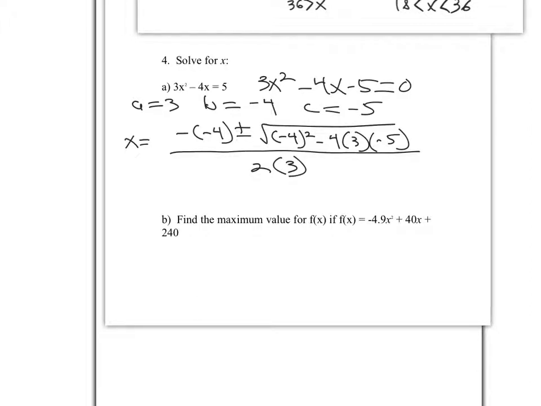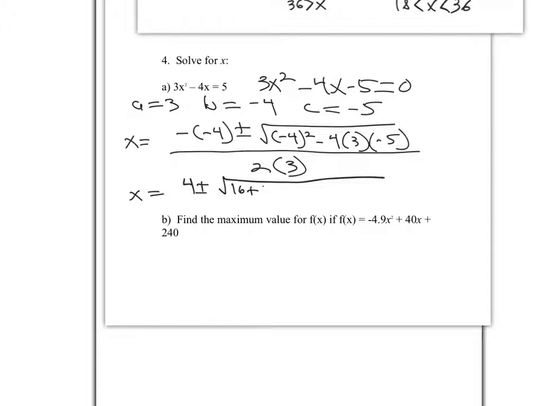Okay, so when we simplify, we're going to get x is equal to 4 plus or minus the square root of 16 minus 4 times 3 times -5. So we have 4 times 3 is 12 times -5 is going to give us positive 60.